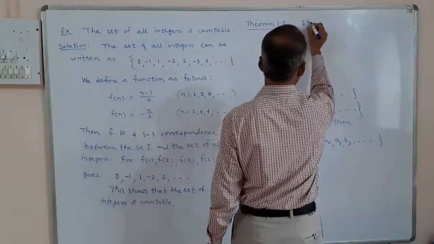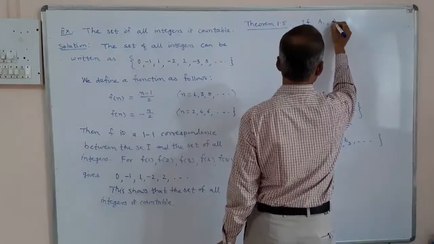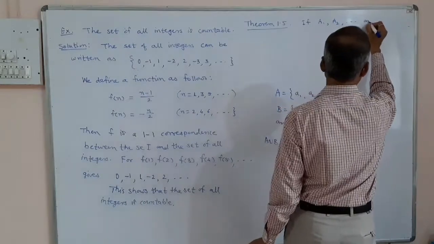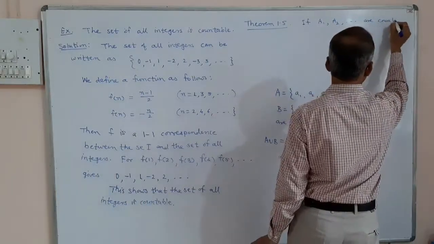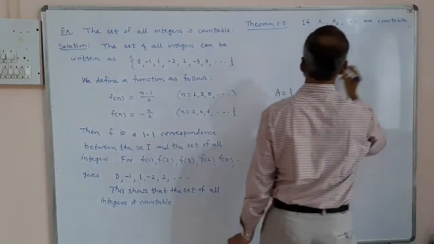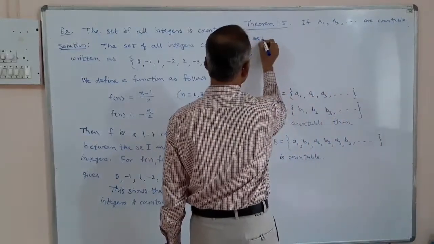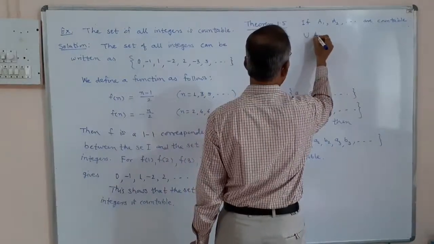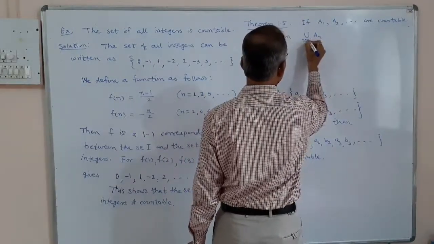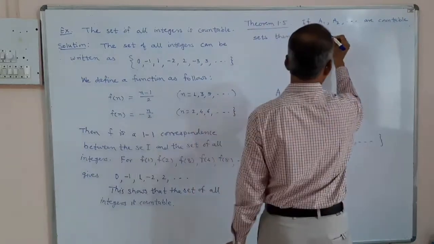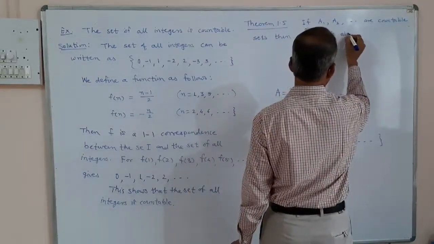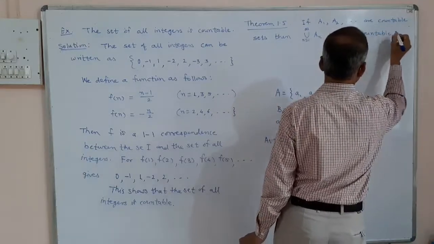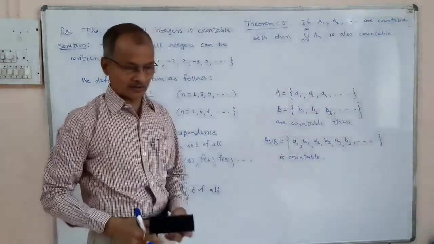If A1, A2, etc. are countable sets, then the union of An, where n takes values from 1 to infinity, is also countable. This is an extension of the previous result.